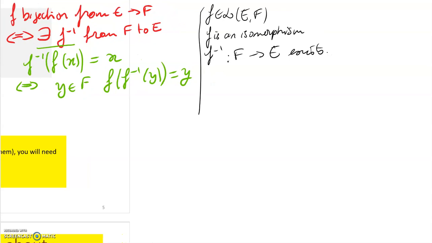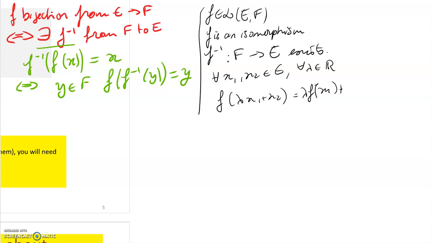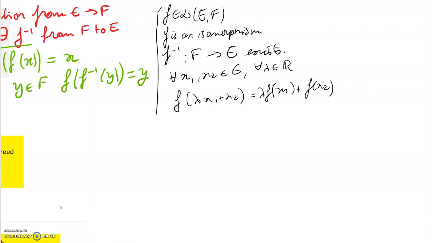So let's work on f is linear. f is linear means that for any x1, x2 that belong to E, any lambda that belongs to R, we have f of lambda x1 plus x2 is equal to lambda times f of x1 plus f of x2. Here I have just translated the fact that f was linear. Okay, so let's give some names to what we have.